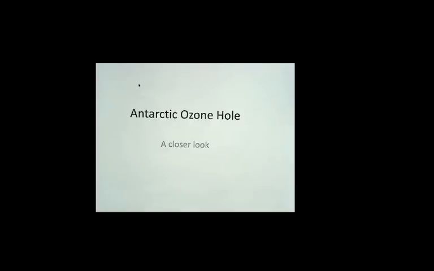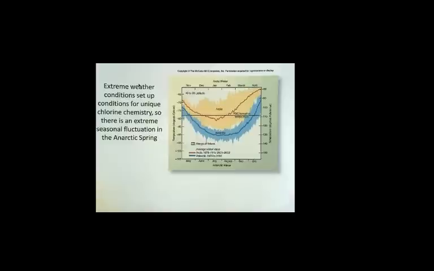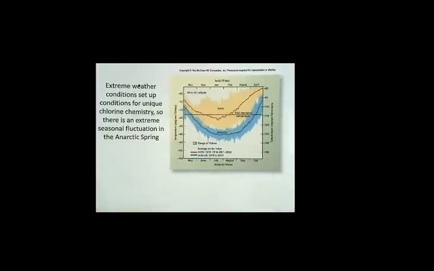So as it turns out, there are extreme weather conditions at the poles. This graph shows the temperature at the poles, at the Arctic and the Antarctic, going from May through October.